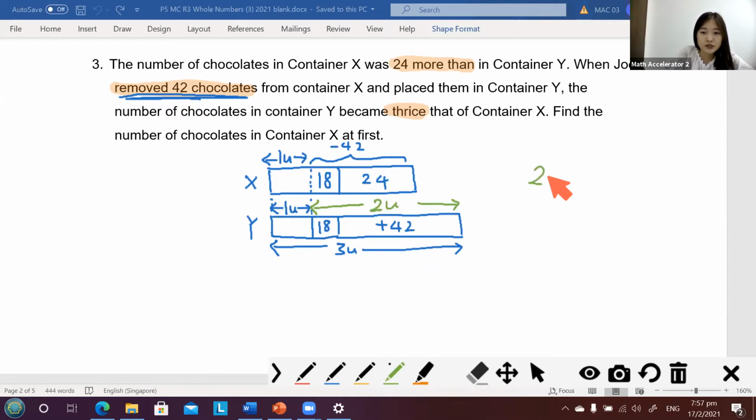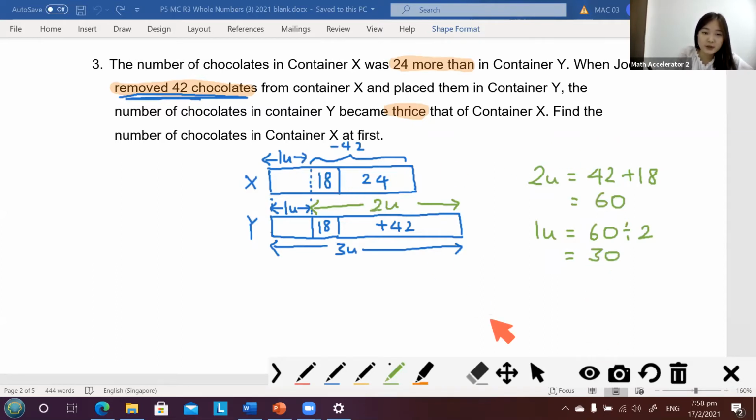So 2 units is equal to 42 plus 18. That will get you 60. 60, 2 units. So now you can find 1 unit: 60 divided by 2. Okay, 30, yes.